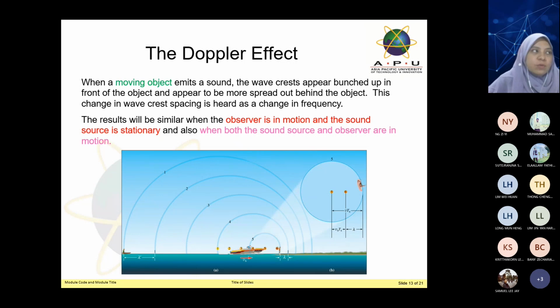So what did you understand from the Doppler effect? Anyone? From the ambulance just now? No answer also.